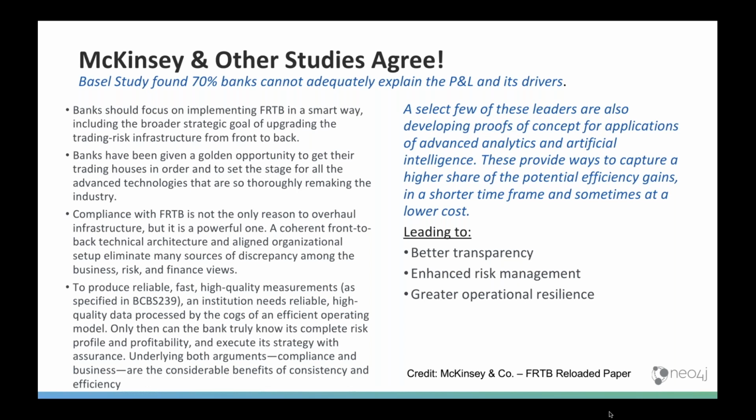So the Basel did a study recently and found that a large majority of the banks, 70%, cannot adequately explain their P&L and its drivers, and it's really coming down to how risk is perceived over the entire bank, how it needs to be aggregated, how it's proliferated across the different silos of a bank, and being able to really tie that back to the P&L, right?